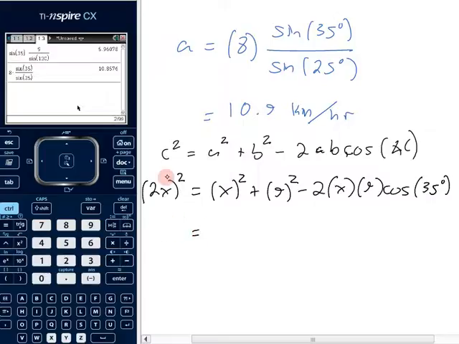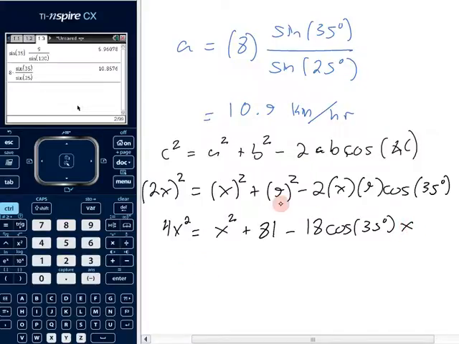2x squared, that's 2 squared times x squared, is 4x squared. 9 squared is 81. And then we have 2 times x times 9 times the cosine of 35 degrees, so that's 18 cosine of 35 degrees x.